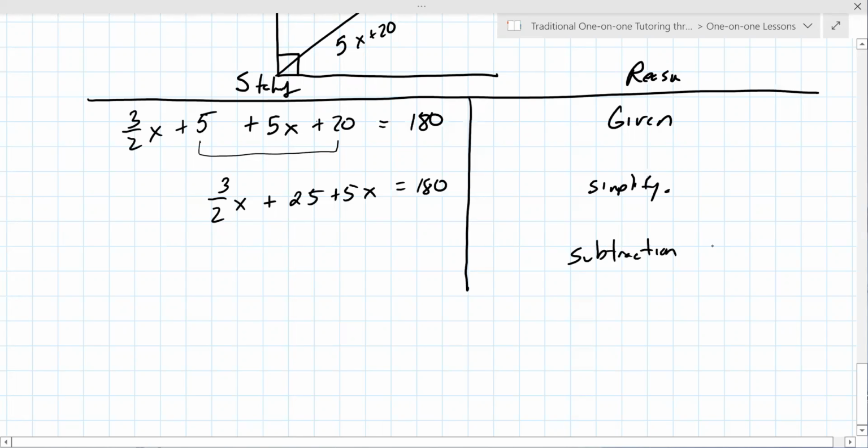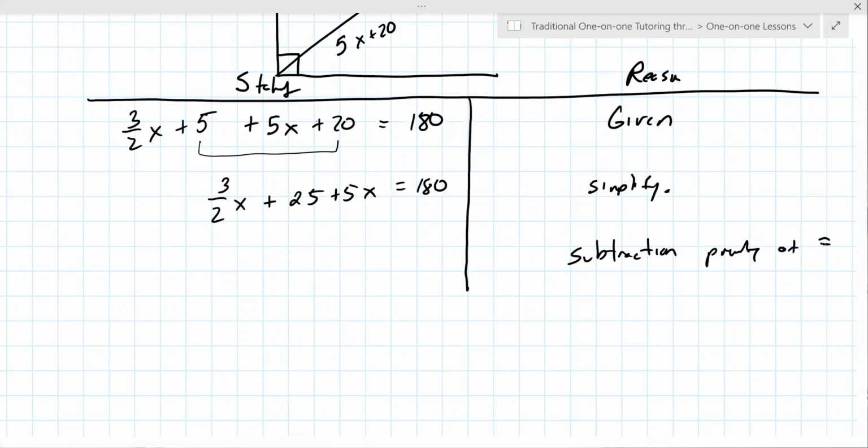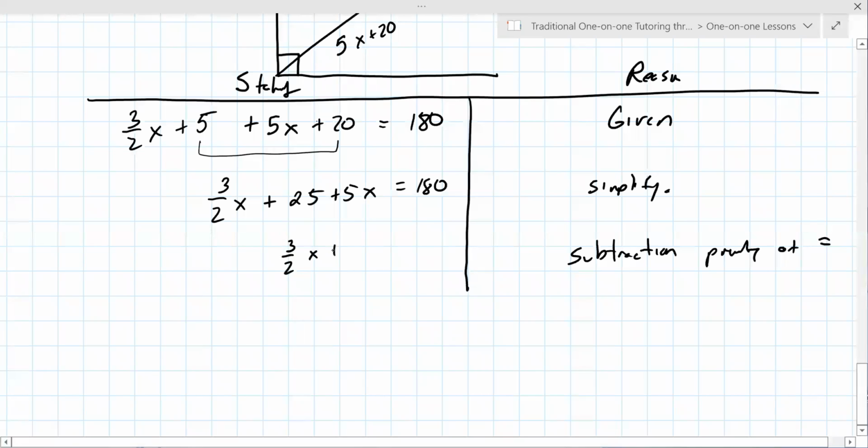Maybe you meant subtraction. Yeah, I think that's what I meant. Substitution property of equality. And then we have 3 halves x plus 5x equals 155.